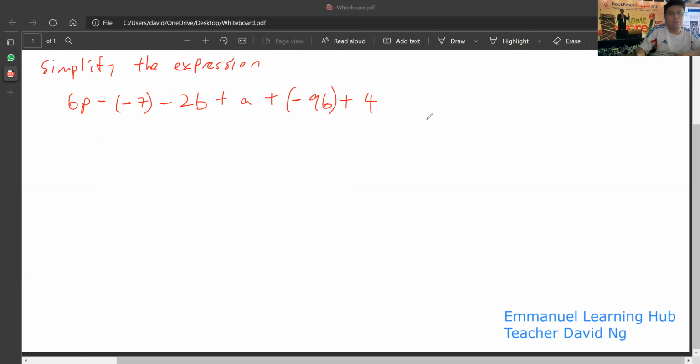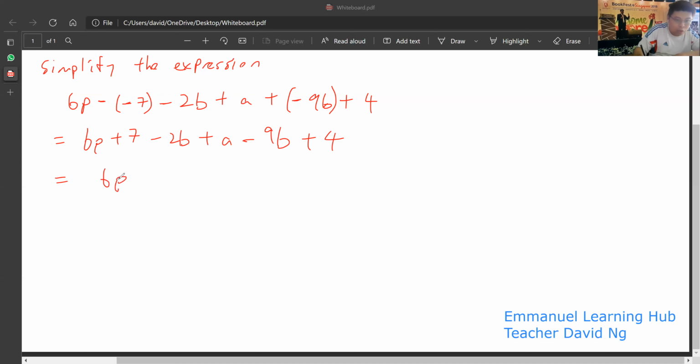Okay, simplify. 6p minus minus is, this will become what? Plus. Okay, minus 2b plus a, plus minus is minus. 6p, don't have p, right?